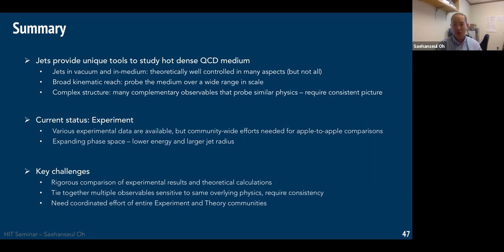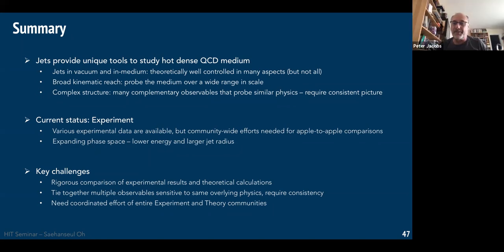Because in just substructure observables, I think there are too many things that we have to take into account. So we have to control some background, and we don't really fully understand what the background does and what other things like ordering do. And there are many unknowns in just substructure observables. So I don't think that's a very good starting point. So I want to start with something other than just substructure observables in this effort.